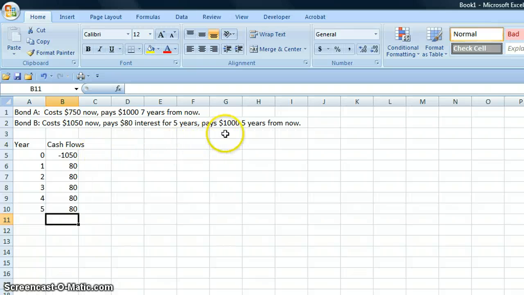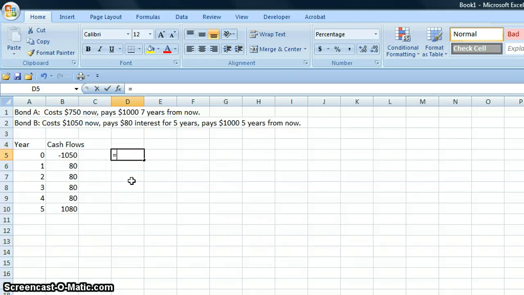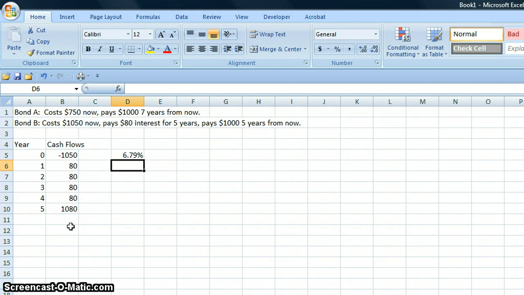However, it also pays us the face value, $1,000 5 years from now, in addition to the interest. So in year 5, our cash flow is actually $1,080. Again, the function equals IRR, open parentheses, drag across the values, and close, and that will give us 6.79%.